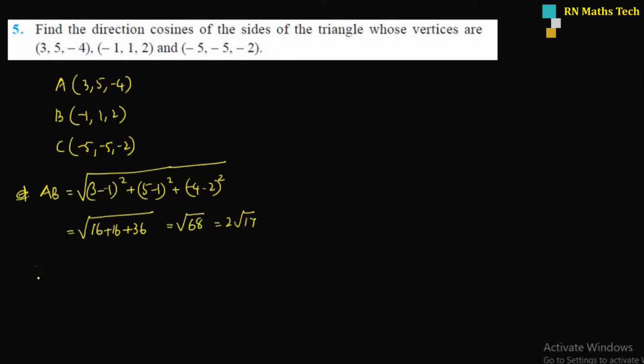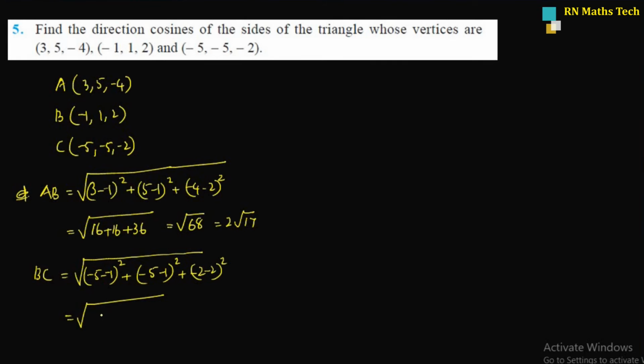Now distance BC is equal to root of minus 5 minus minus 1 the whole square plus minus 5 minus 1 the whole square plus minus 2 the whole square. Which is equal to root of 16 plus 36 plus 16, that is root of 68, which is also 2 root 17.